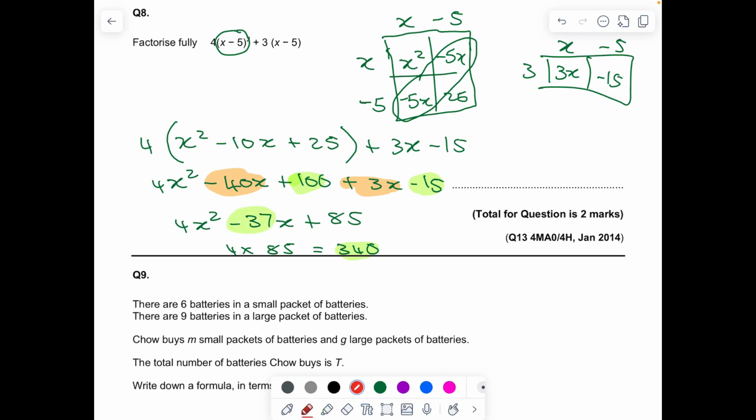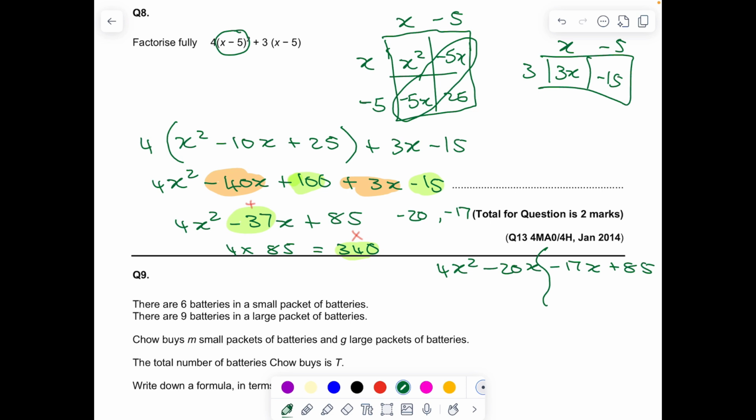Multiplies to make 340, adds to make minus 37. And those two numbers are minus 20 and minus 17. So you rewrite your equation 4x squared, and instead of writing minus 37x, I'm going to write minus 20x minus 17x plus 85.